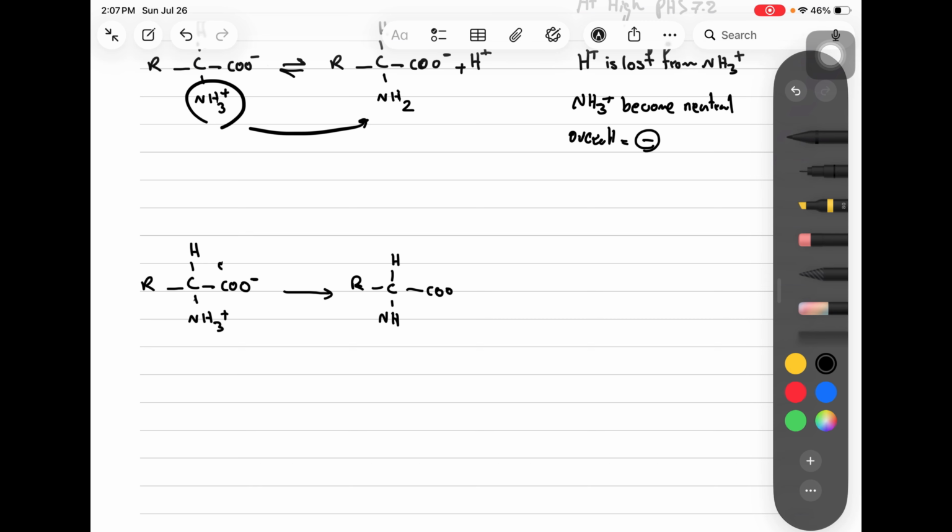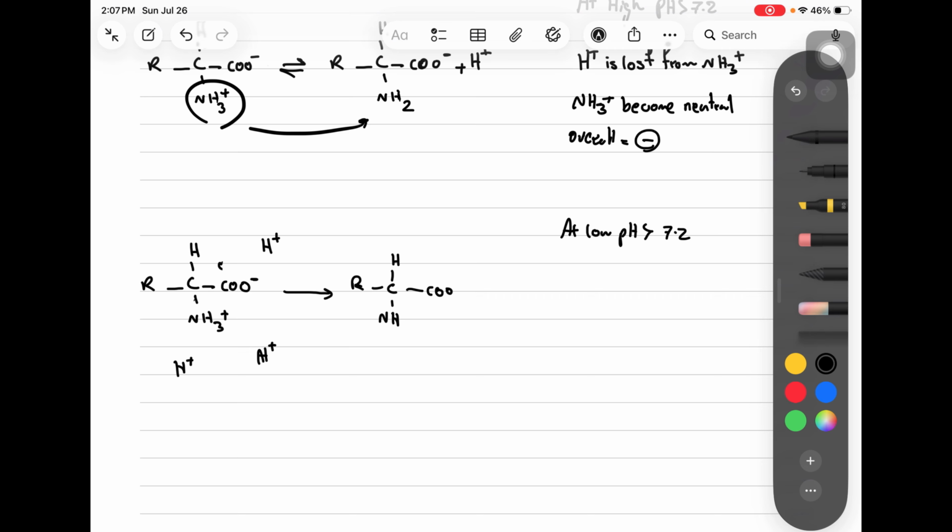I'm not going to show any charges yet. At low pH, below 7.2, here's the thing. Low pH means it's highly acidic. We have lots and lots of, I'm going to show it here, lots of H plus in the environment.